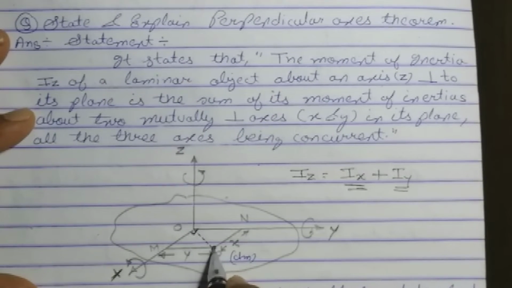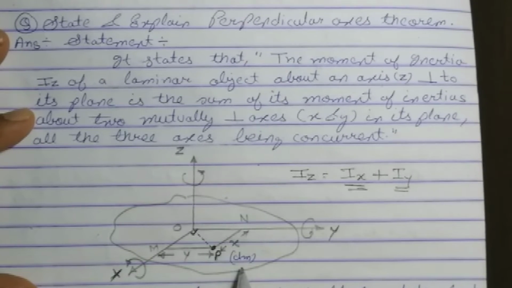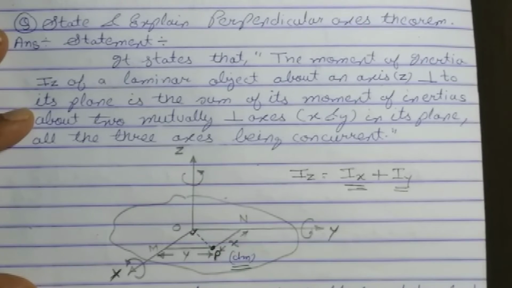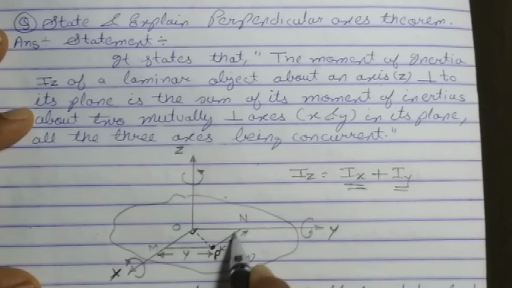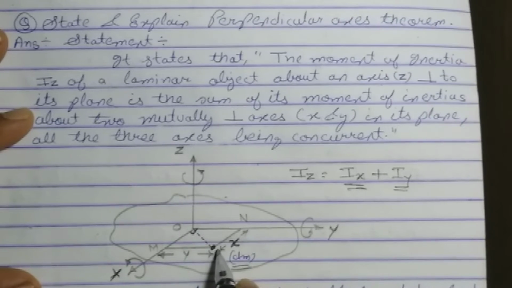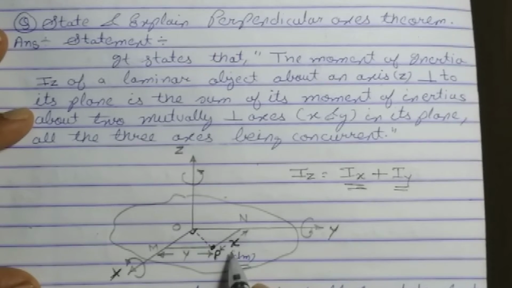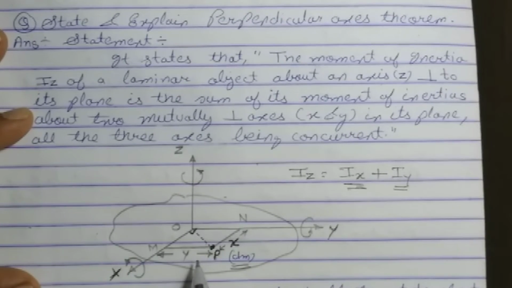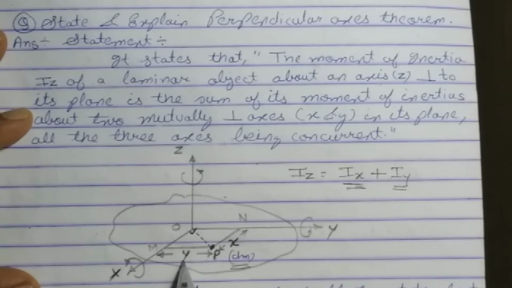So students, I am going to consider a small particle at point P whose mass is dm. Students, we observe that the distance of this particular particle of mass dm from the y-axis is x. Similarly, the distance of this small particle from the x-axis is y.